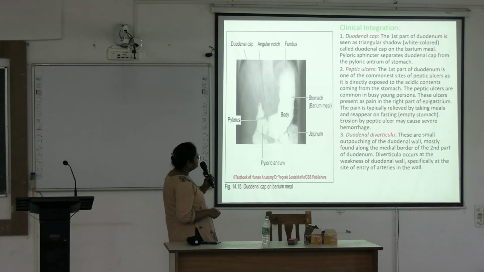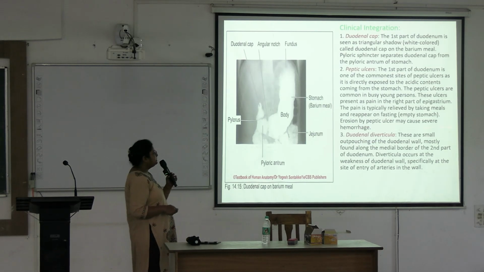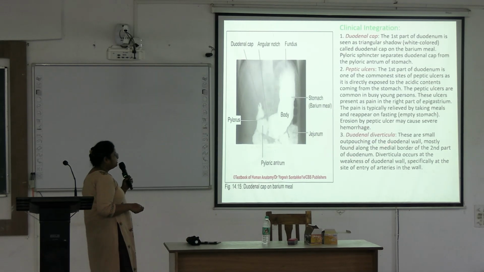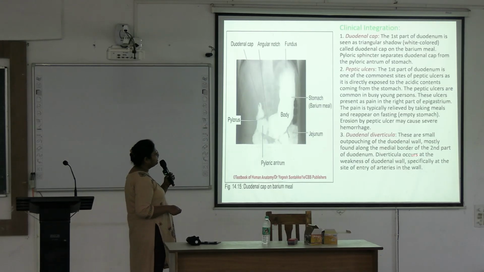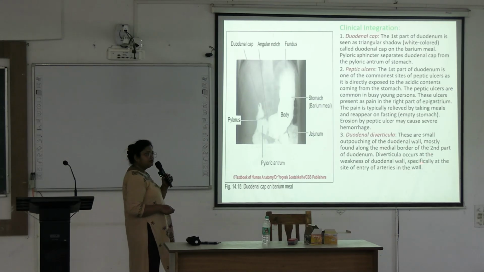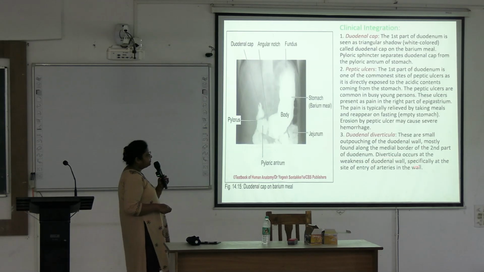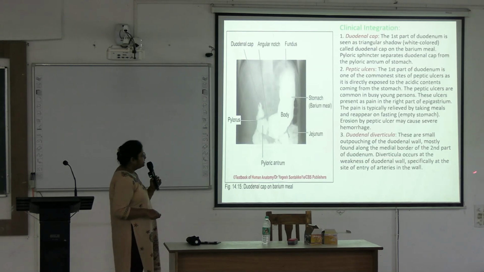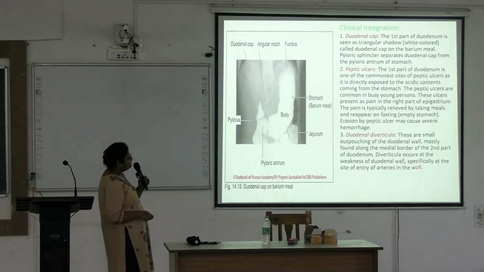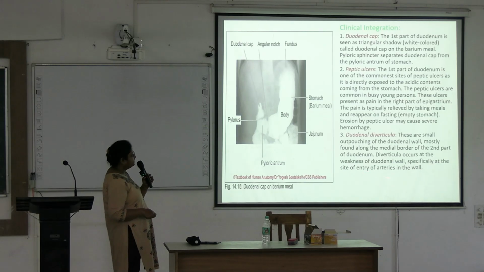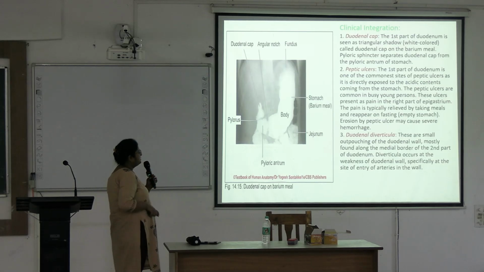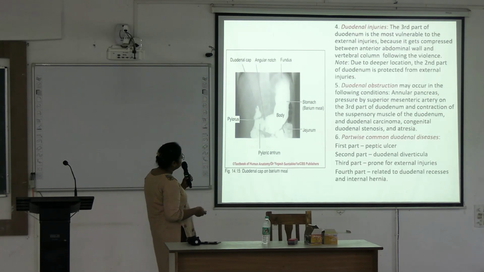Next is duodenal diverticula. These are small outpouchings of the duodenal wall, mostly found along the medial border of the second part of the duodenum. Diverticula occur at the weakness of the duodenal wall, superficially at the site of entry of arteries in the wall.